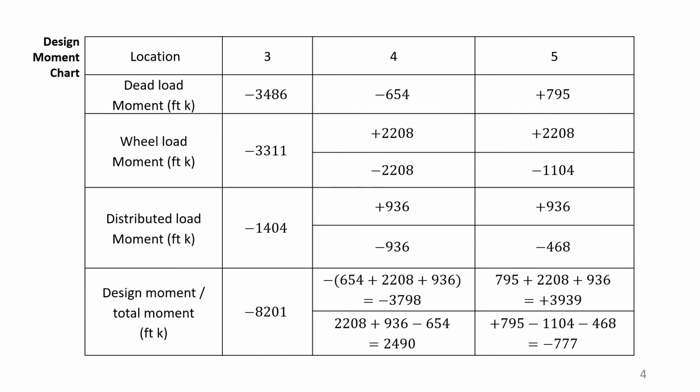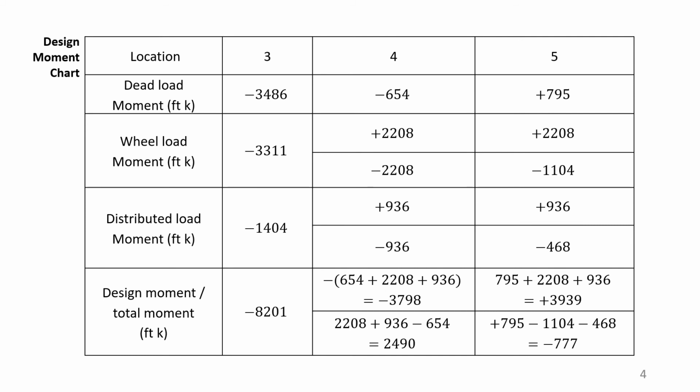If we go to the dead load figure, you will find the 654 moment, negative moment at point location 4, and plus 795 moment at location 5. And wheel load, as we have previously calculated, the wheel load moment at location 3 is minus 3311, and there will be a positive and negative moment at location 4, plus 2208 and minus 2208.